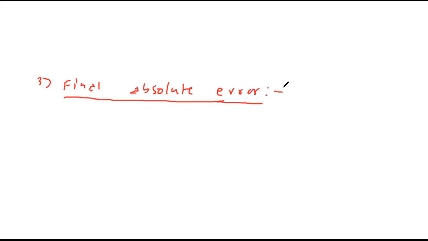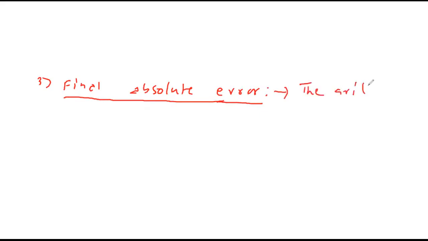Third is final absolute error. That means so many absolute errors be found. What is final absolute error?